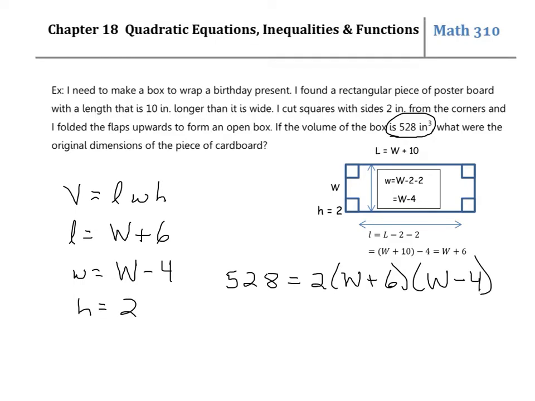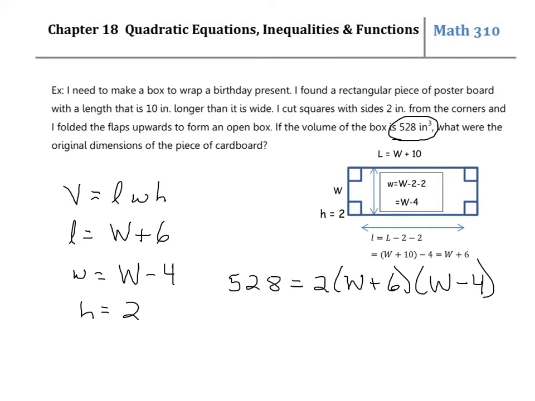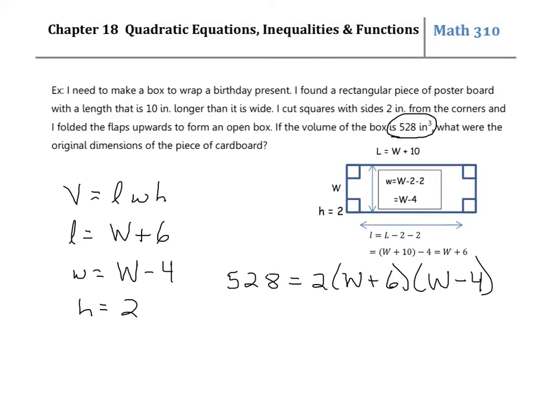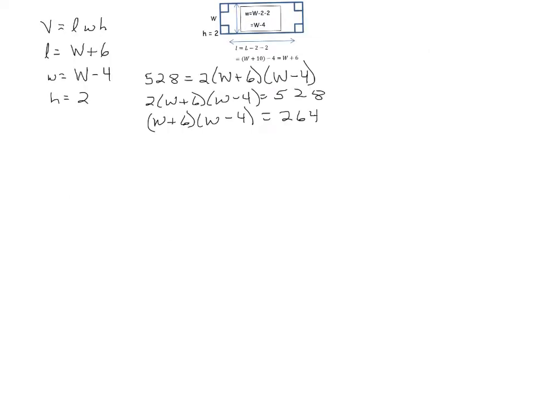Okay, let's go ahead and switch the sides of the equation so we get our W's on the left. So we'll just rewrite the equation this way, and then divide both sides by 2. So we have W plus 6 times W minus 4 equals 264. Let's FOIL the left and also subtract 264 from both sides.